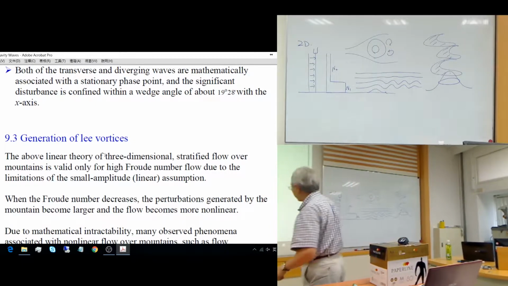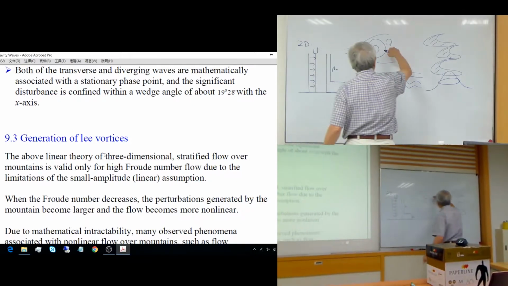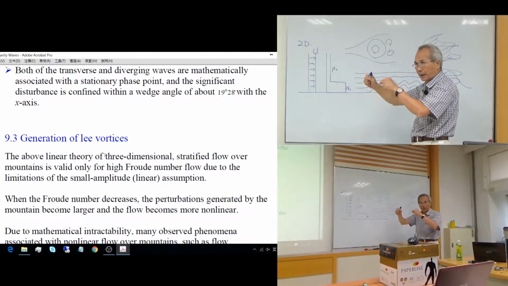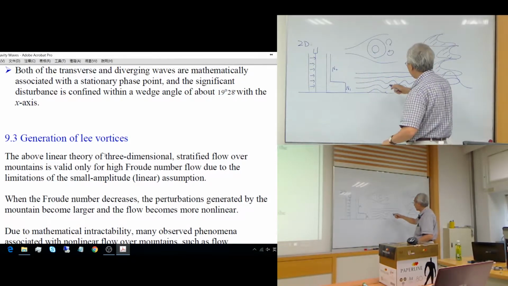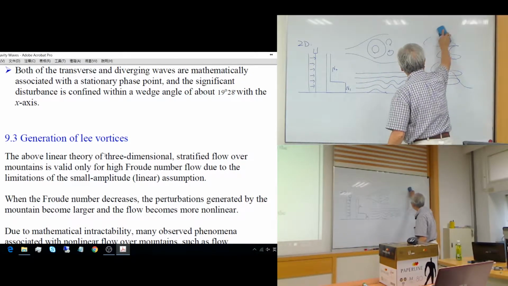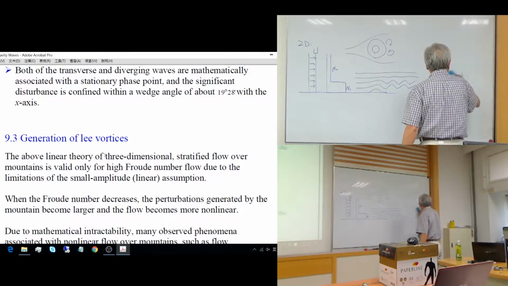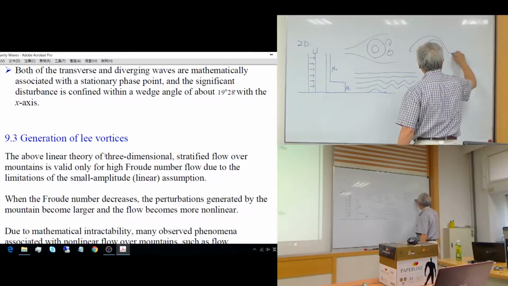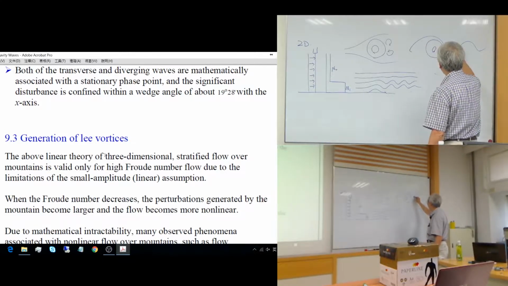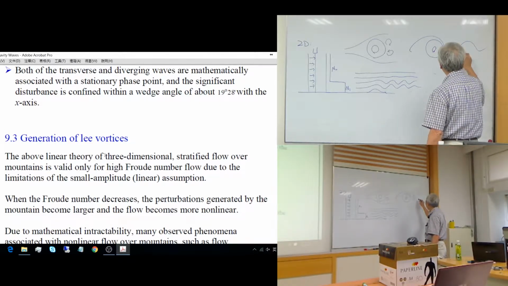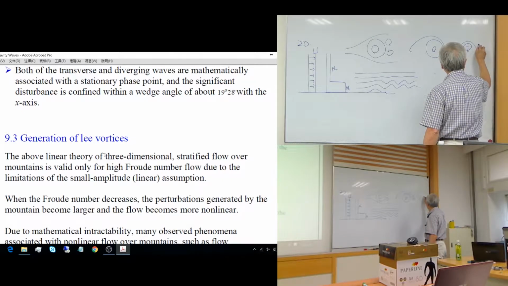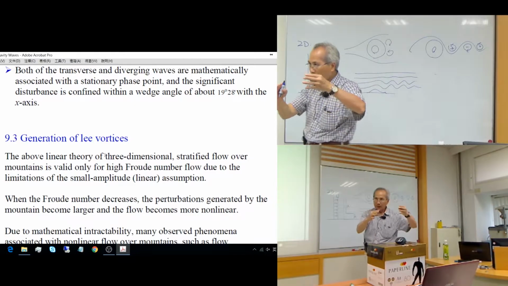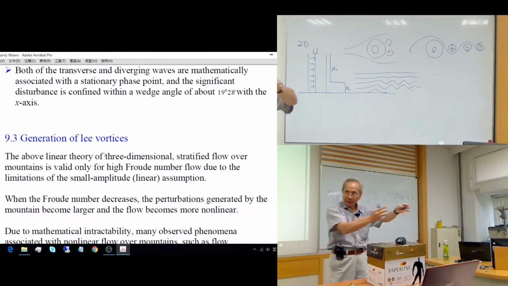Present at this side of the mountain. And sometimes this pair of vortices are not symmetric. Then what happens is you have positive vorticity, negative vorticity, positive vorticity, repeating, and also propagating downstream.